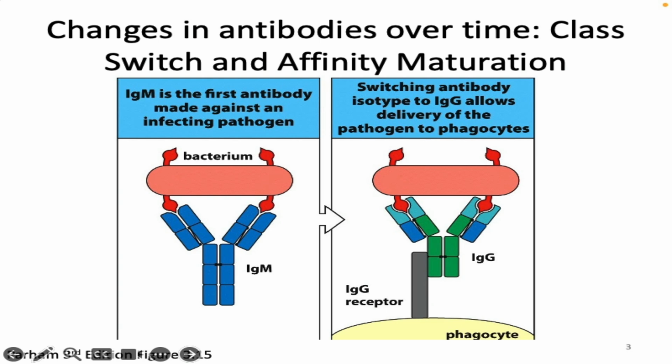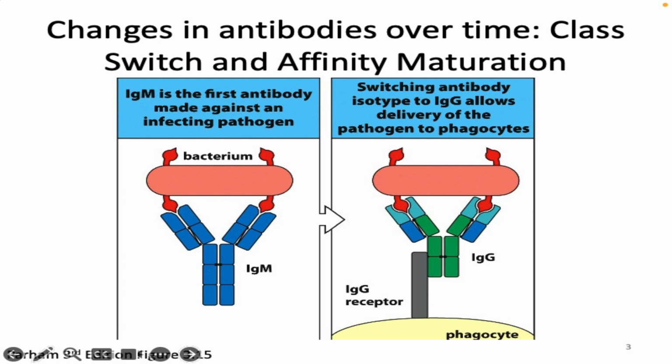So we can have at first, in a response, an antibody that recognizes a particular bacterium that is an IgM antibody. And as the response goes on, antibodies binding to that same microbe might now have a different isotype, a different constant region. Like here you can see we've seen a switch to IgG. That's known as class switch.